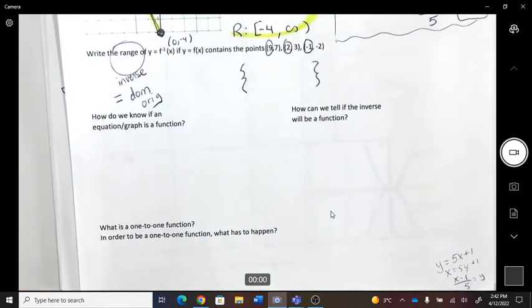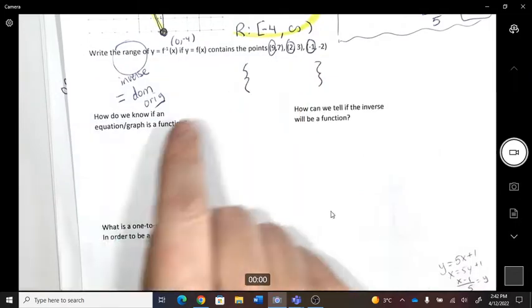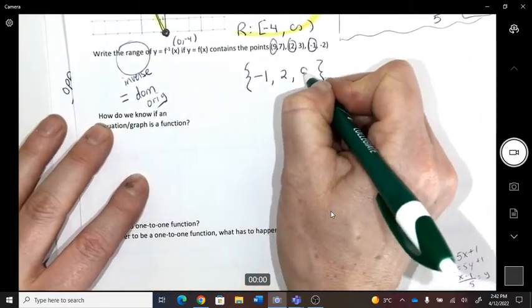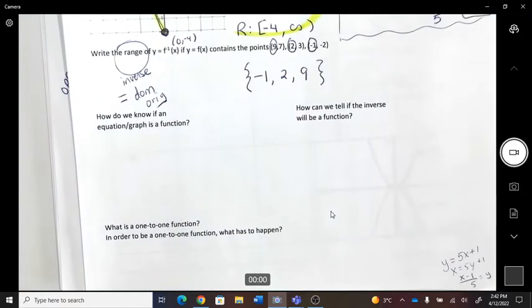My new y values will be the original x values. Whatever I had originally for x will be my y's on the other one, right? And I'm going to list them in chronological order like that.